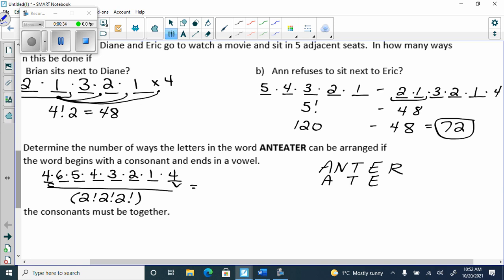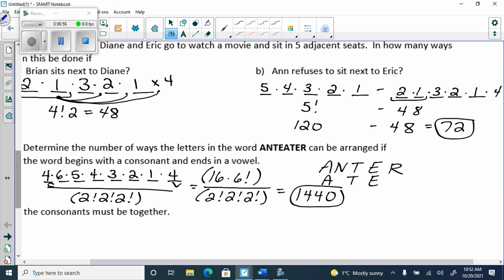So I technically have 16, because of the 4 and the 4, times 6 factorial, in brackets, divided by 2 factorial, 2 factorial, 2 factorial, or 2 times 2 times 2, which is 8. And what do I get for an answer? 1,440.